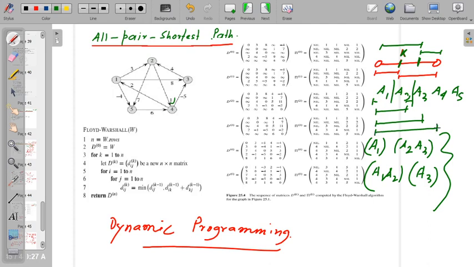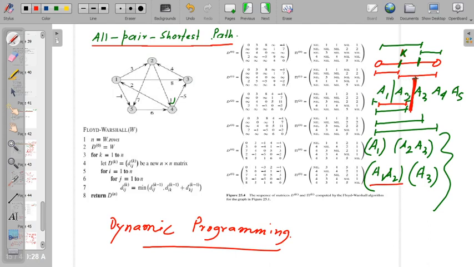Whenever I'm considering chain length 4, maybe I can cut here, and then a1, a2 I have to take into consideration, and a3, a4. Now you see a1, a2 I have already considered previously, when we considered chain length 2.